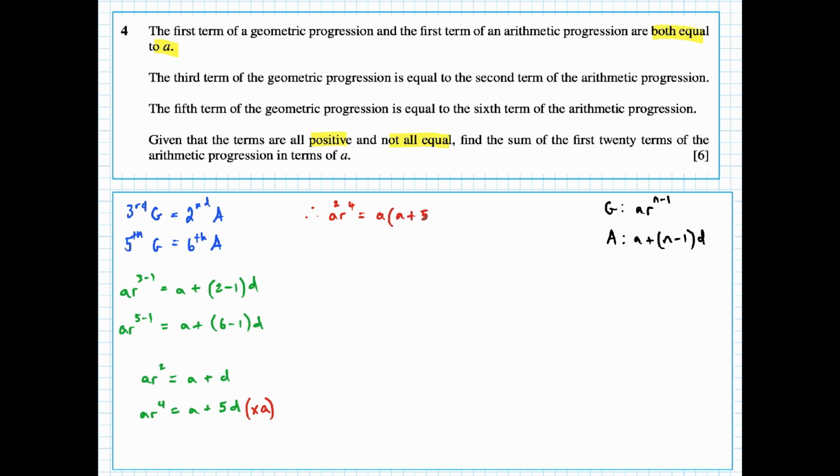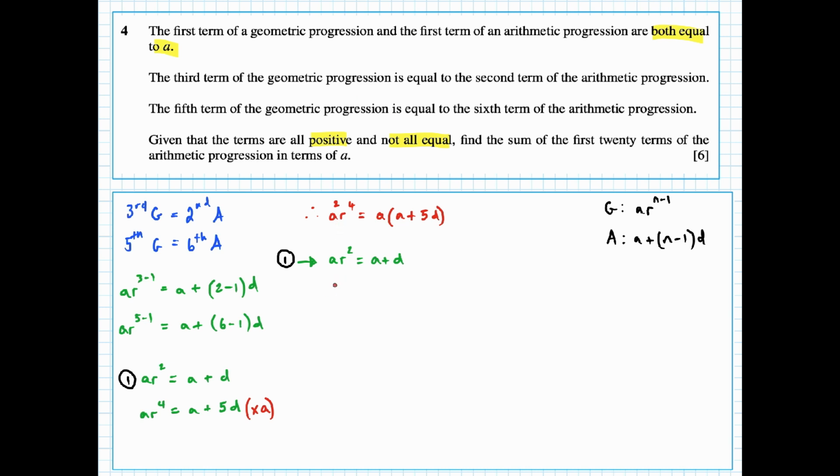And then you can simplify that. If we simplify it a certain way, we'll factor out the square, let's say. You'll get ar squared, in brackets, to be squared, is equal to a squared plus 5ad.